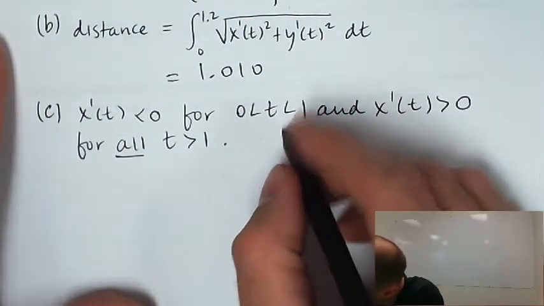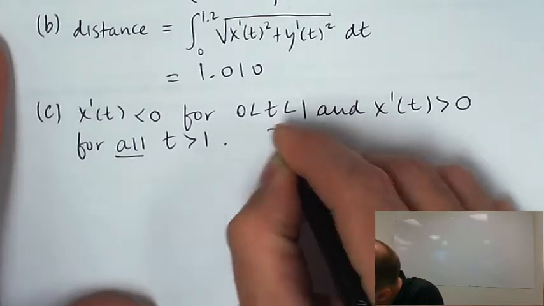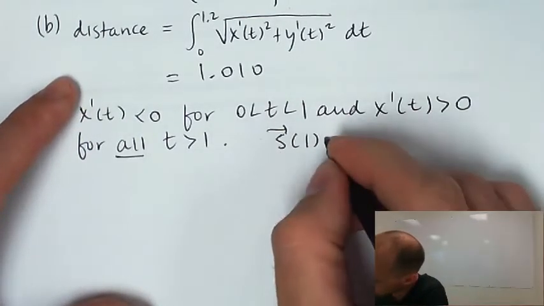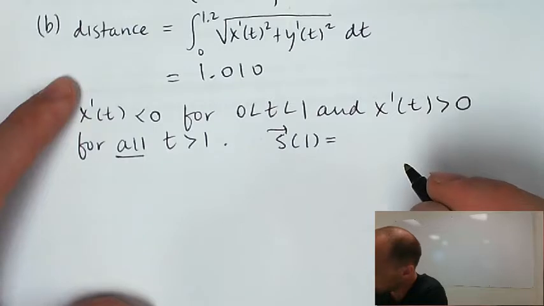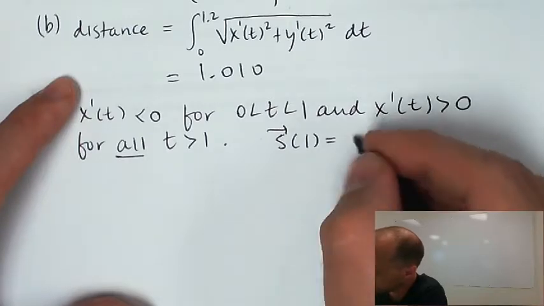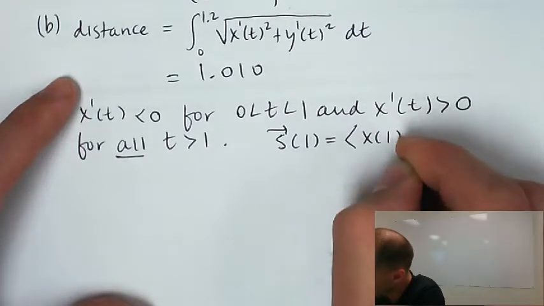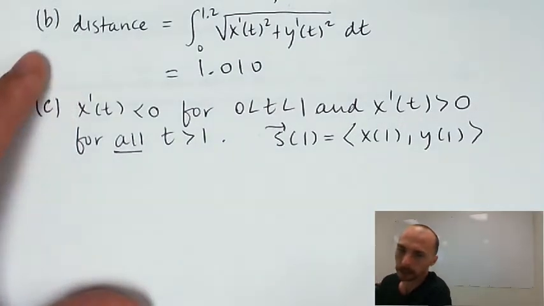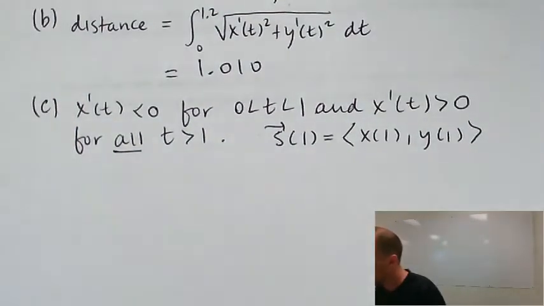Okay. So position at 1, oftentimes we use s, and at least in AP Calculus, s of 1 is going to be equal to x of 1 and y of 1. Forgot, we don't really integrate vectors in this class.